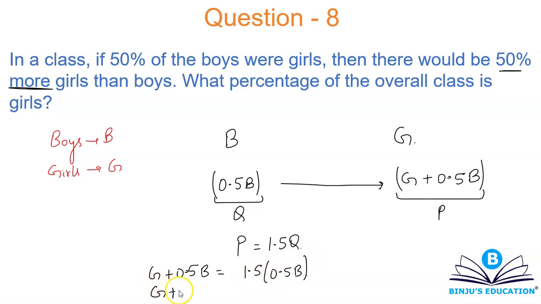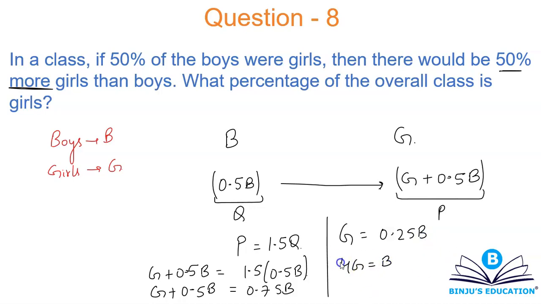So G plus 0.5 B is equal to half of 1.5, which is 0.75 B. Then I can say that G will be equal to 0.25 B. 0.25 is 1/4, so you can say that 4G is equal to B, or boys is equal to 4 times girls.